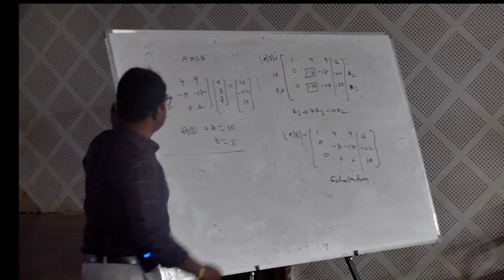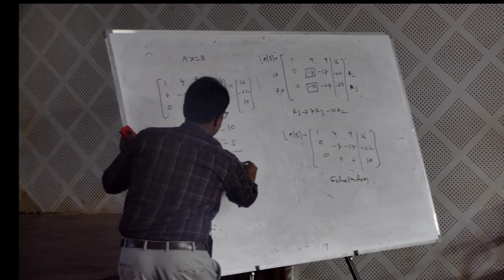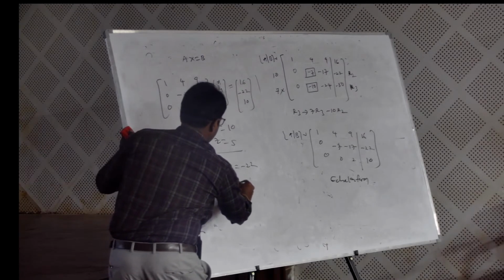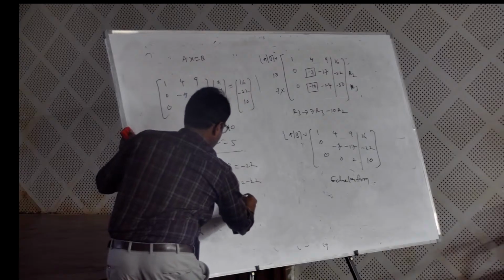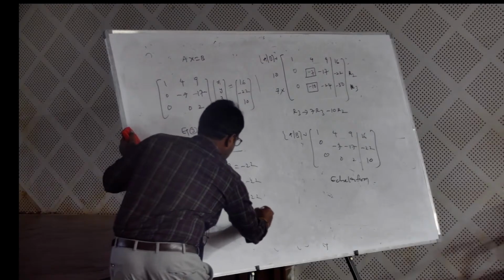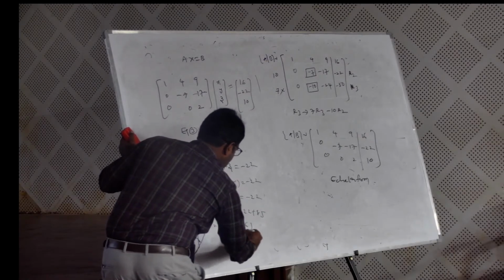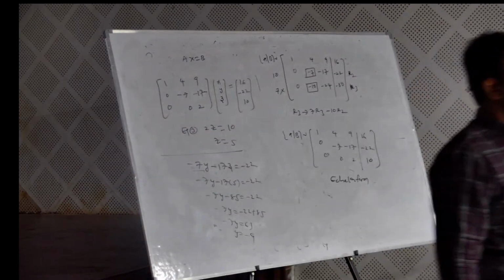Second equation minus 7y. Minus 7y equal to, y equal to minus 9. Y equal to minus 9.